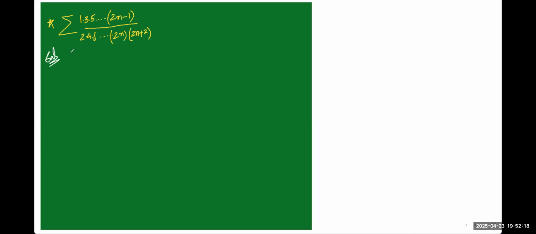The summation term itself is un, which equals 1 into 3 into 5 and so on up to 2n minus 1, and the denominator is 2 into 4 into 6 and so on. Be careful when you are writing: if you don't consider 2n also, it's okay.